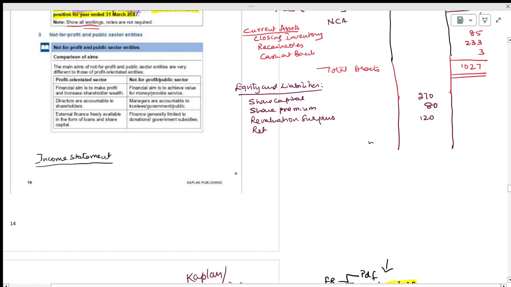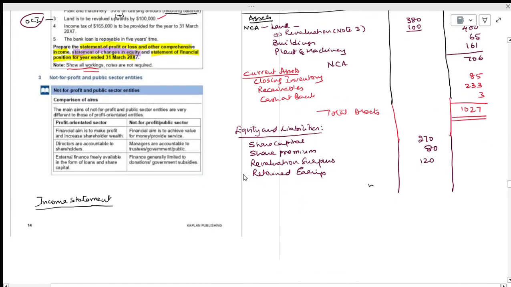Retained earnings is how much? 265. Everybody is following? Yes. Total how much? 735.